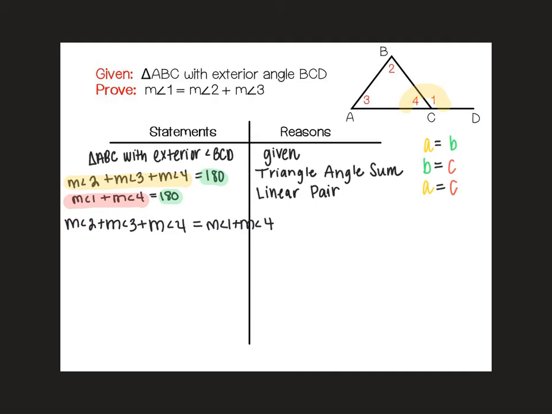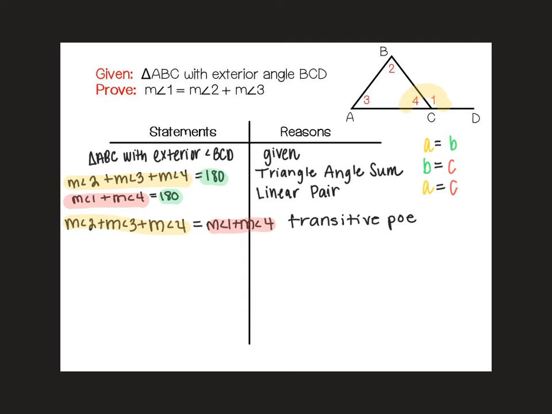And let me highlight so you can kind of see that. Okay, so again, that's the transitive property. And it's a property of equality because we have an equal sign.